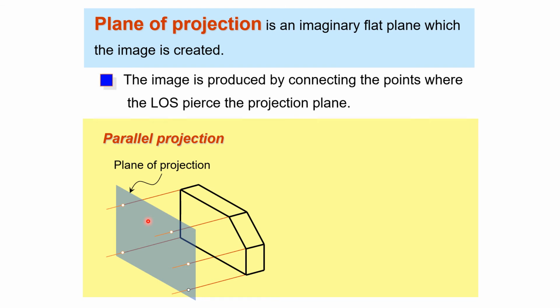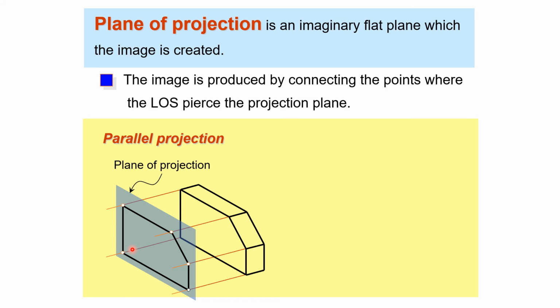Now the image is produced by connecting the points where the line of sight touches the projection plane. When these lines of sight touch the plane of projection, we join these points. That is the example of parallel projection.